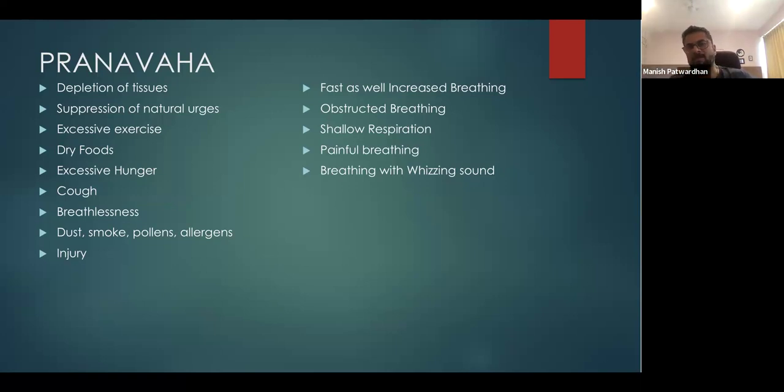So if you look at these causative factors, you will find that they are predominantly all vata aggravating factors.